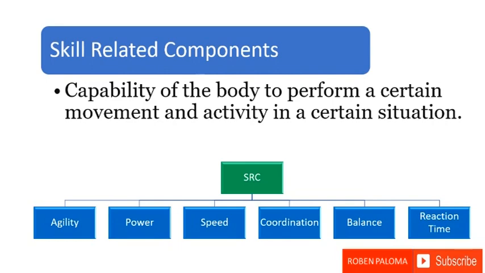Later on, we will discuss the differences between those six so we can easily understand these skill-related components. So what are we waiting for? Let's go to the next slide.